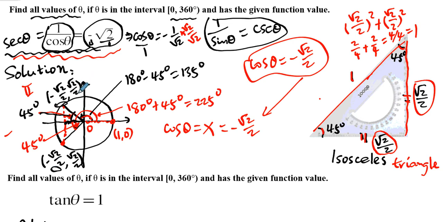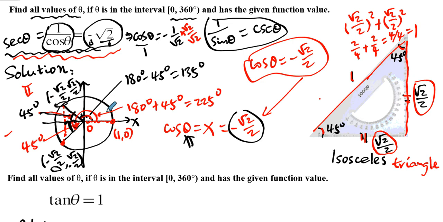But the y coordinate here is above, and below it is negative: radical 2 over 2 for y above the x-axis, negative radical 2 over 2 below the x-axis. So what is the angle then? What is theta? This is 45 degrees. This is another 45.